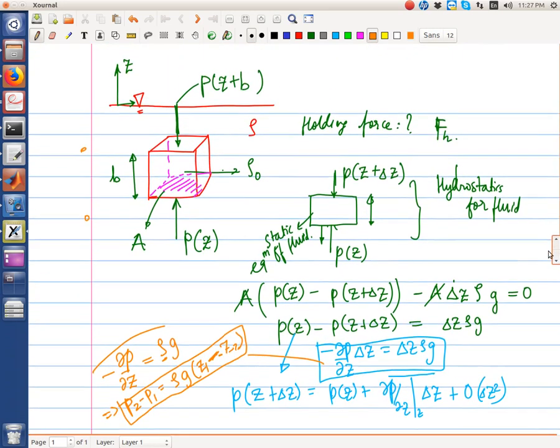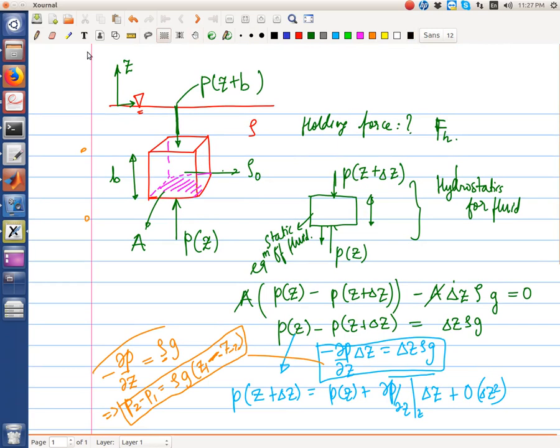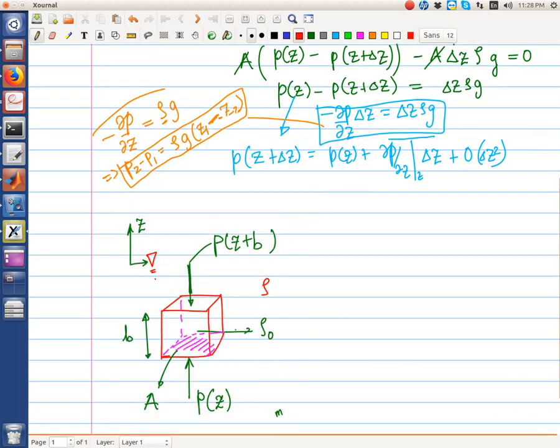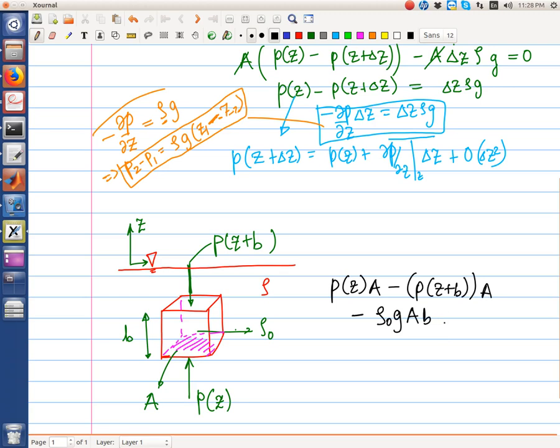Let's copy this figure for our reference again. So then for the equilibrium of this block, we have P at Z multiplied by the area of the block minus P at Z plus B times the area of the block minus rho of the object G times the volume of the block, which is A into B, because the area multiplied by the height of the block is equal to the volume, plus any holding force.